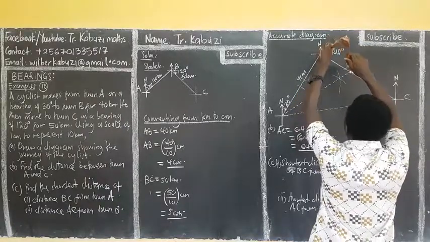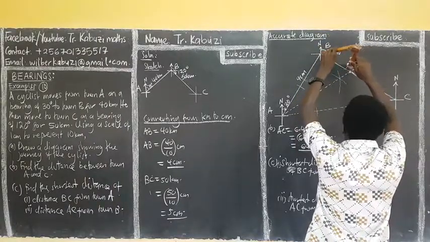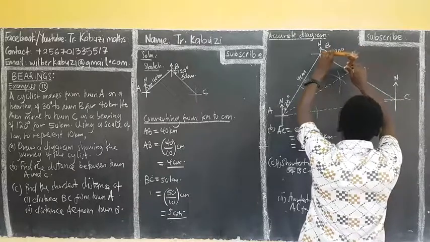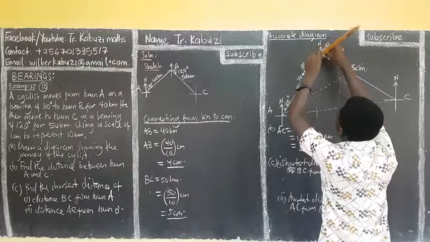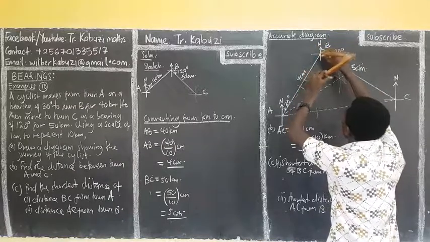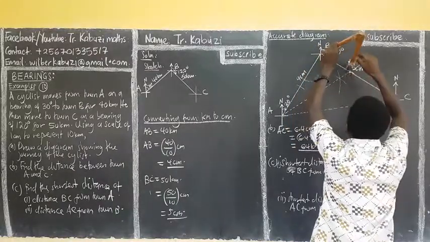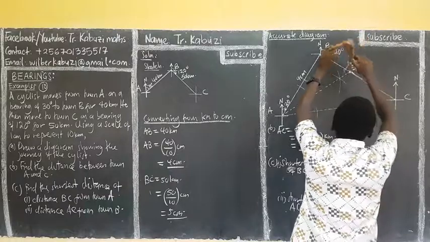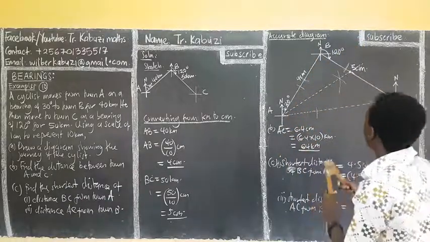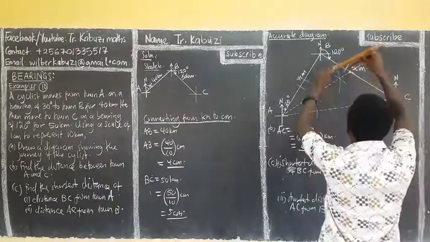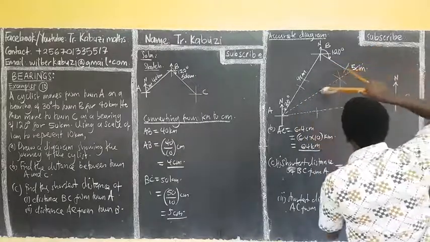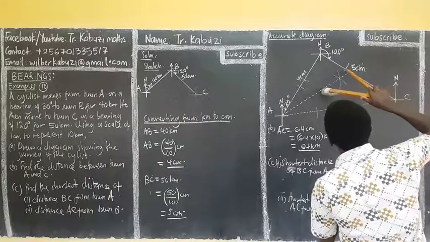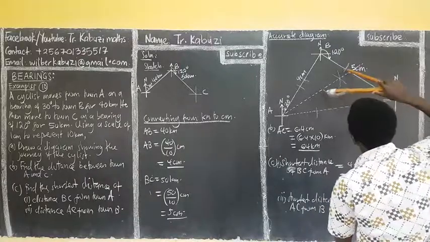Sorry, my compass has moved, but anyway, you come here, you draw the first arc there, then you draw another arc there. After doing that, you can add this or you can leave it there. Now you draw an arc around this point here.